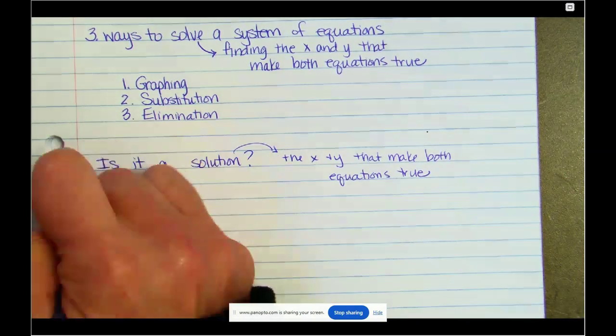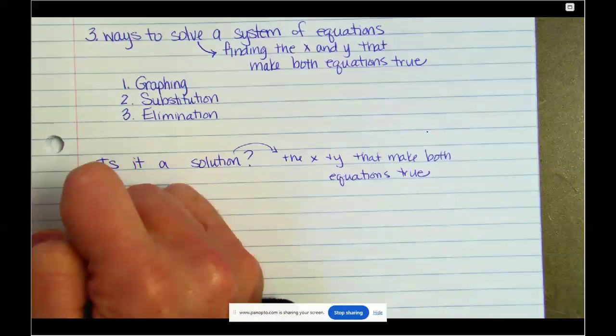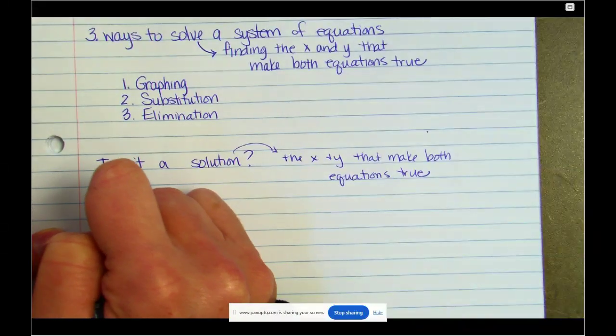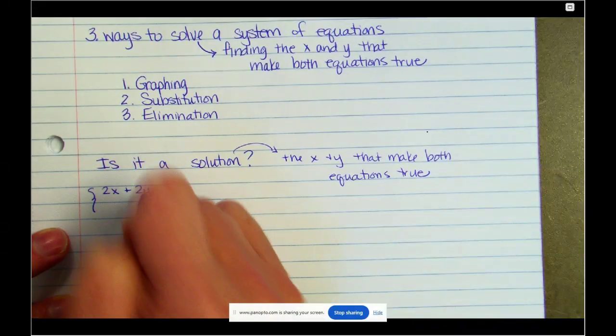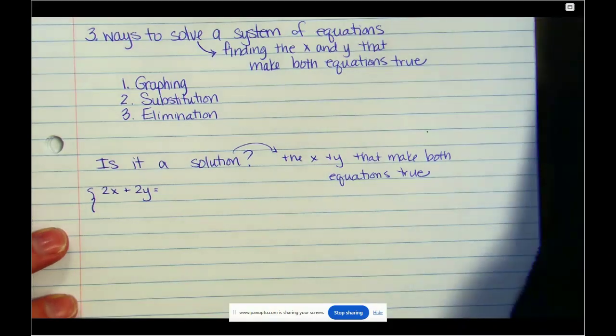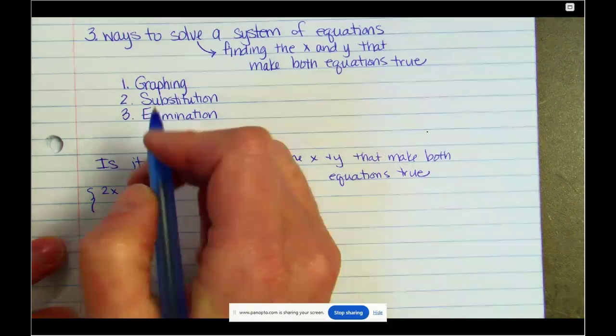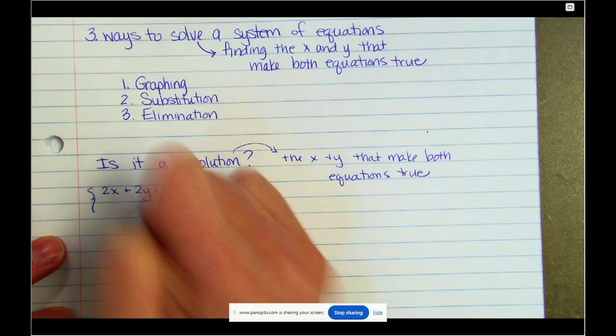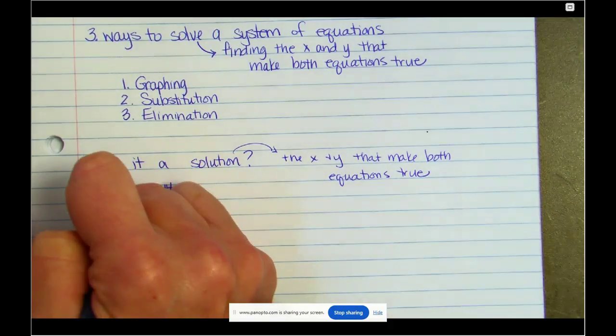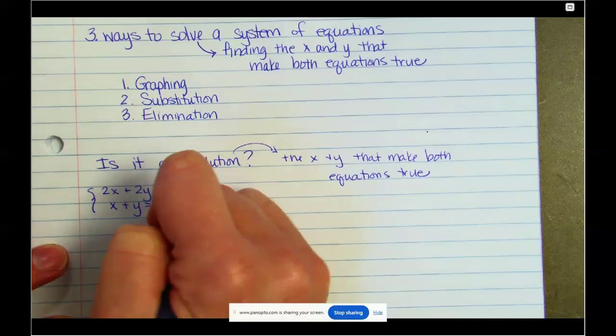So let's say I have 2x plus 2y equals 14, and x plus y is equal to 7.